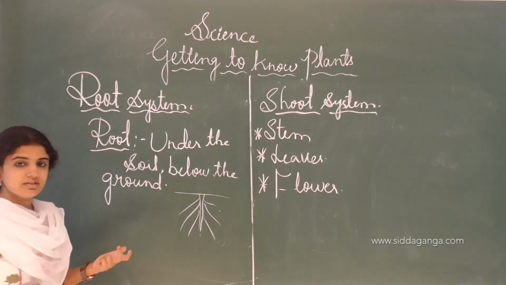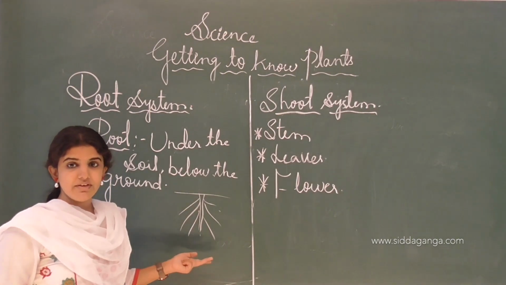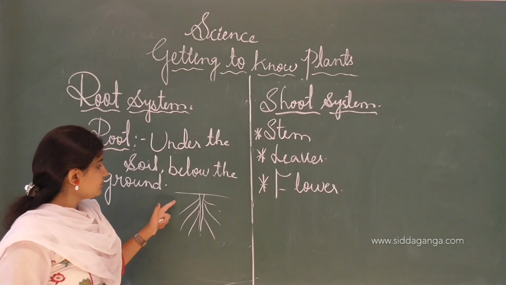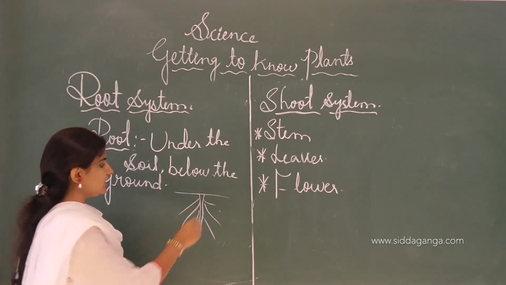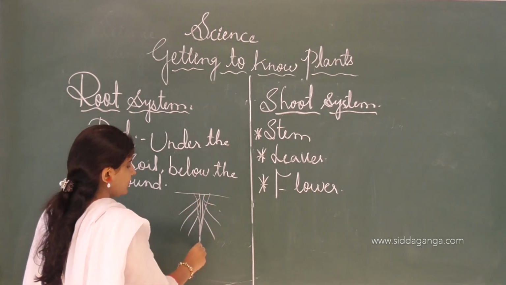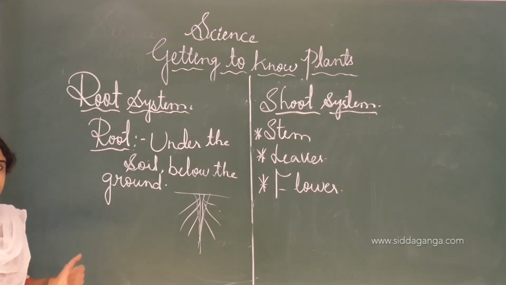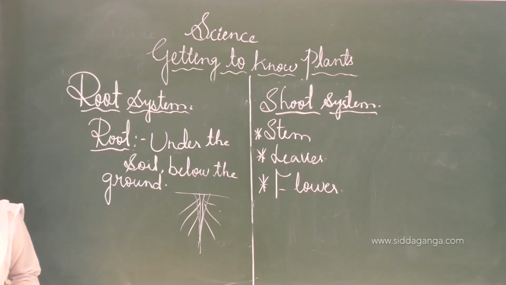When the food is synthesized by the plants through the leaf, it is transported to each and every part of a plant and thereby to the root, and the girth of the root increases and enlargement takes place. See, this is how we can say that roots play an important role in a plant.